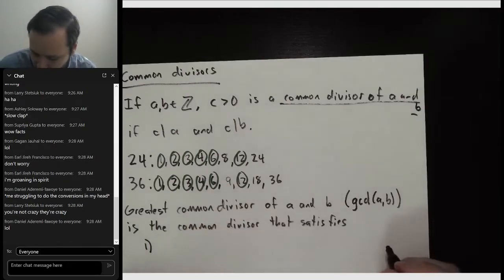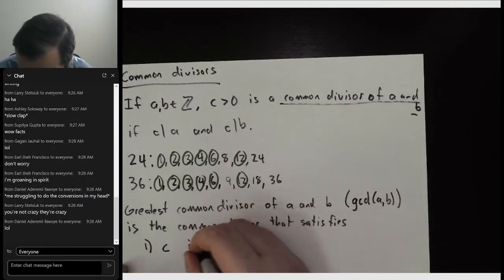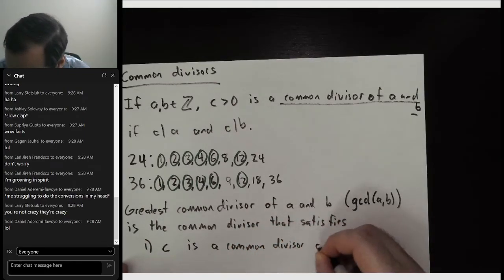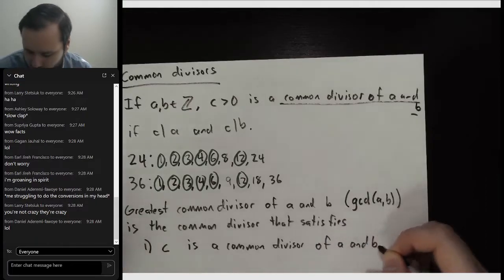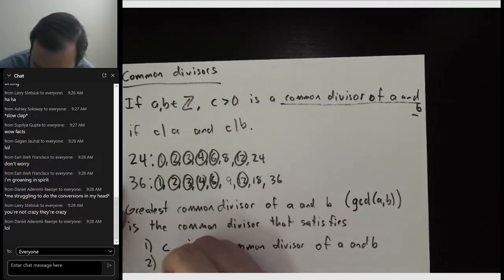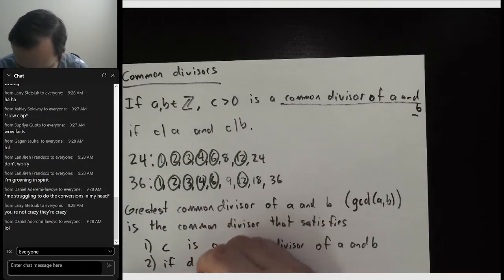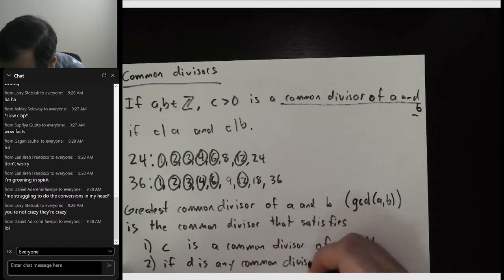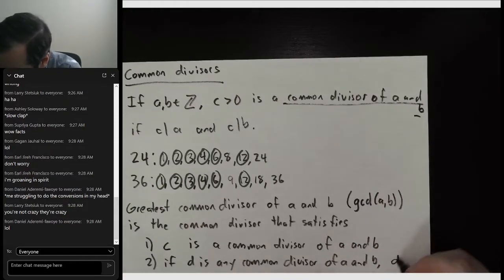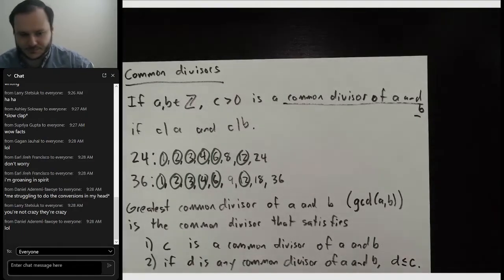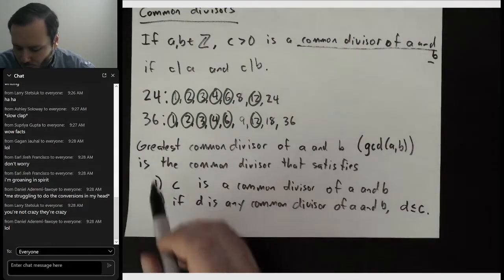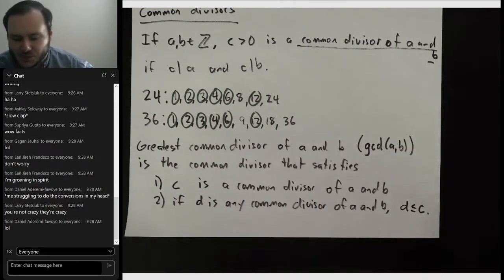First of all, it has to be a common divisor. So C is a common divisor of A and B. And second, if D is any other common divisor, then C is at least as big. This is just our formal way of saying C is the biggest one.